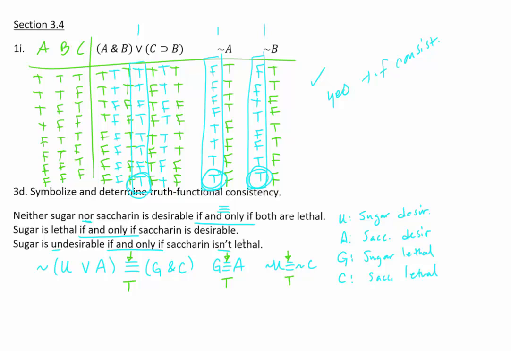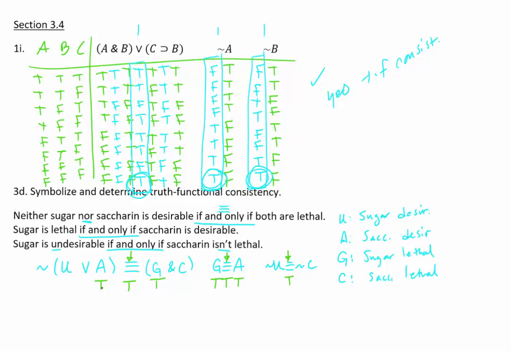So in the case of G triple bar A, let's say, if we assigned true to G and A, being sure to propagate that through here, then we're going to get a true there, which is desirable. Now, with not U and not C, so U and C have to have the same value.